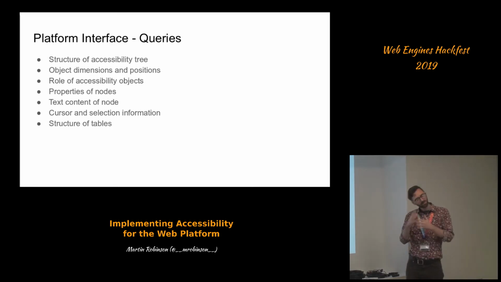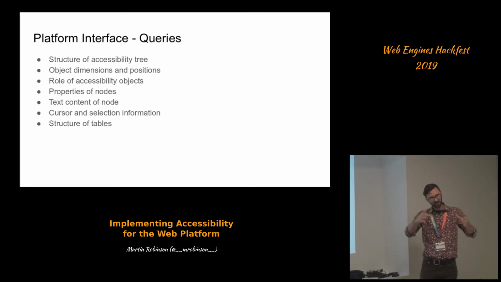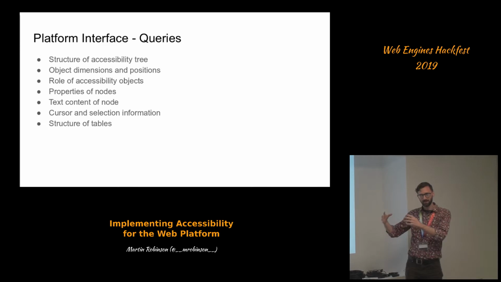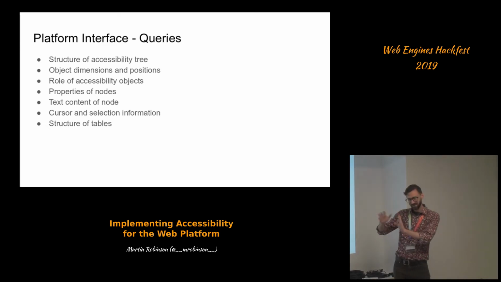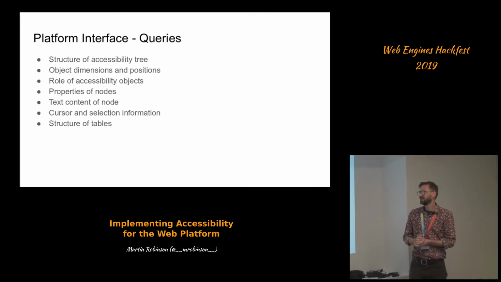The mapping is not one-to-one, but it's got a very similar shape. Also, the dimensions of the objects on the page, which means that obviously it also includes maybe information from the painting phase, so it's not exactly just the layout tree. And their positions.